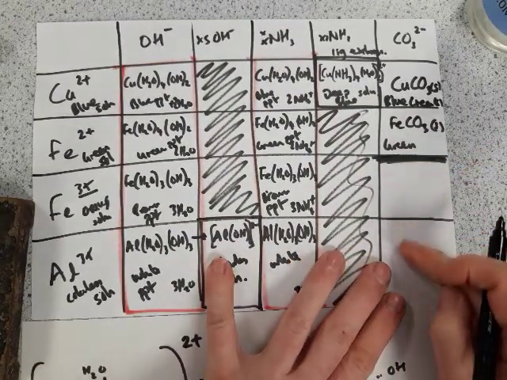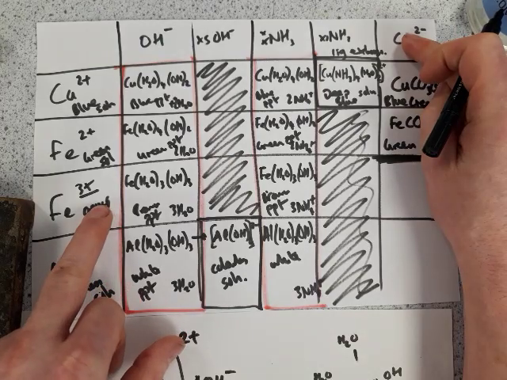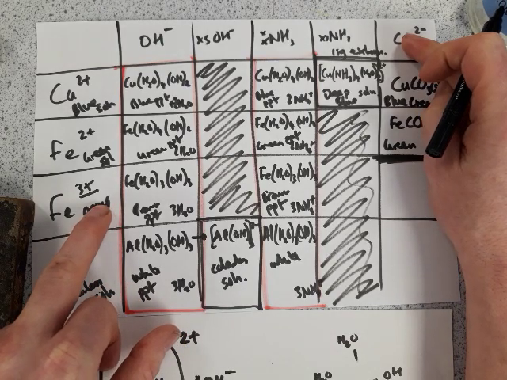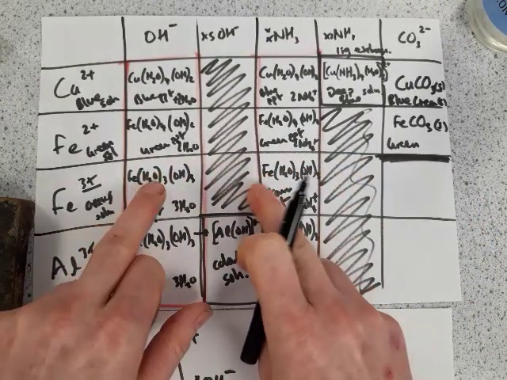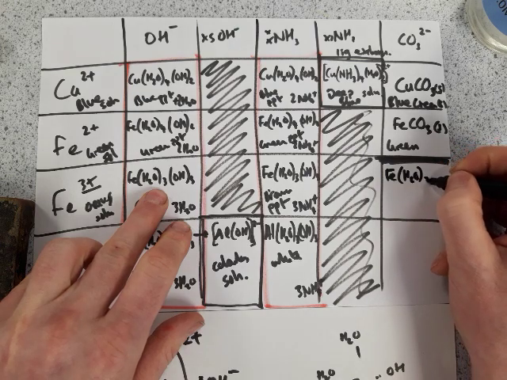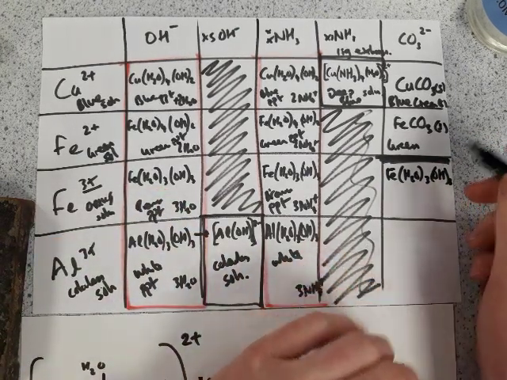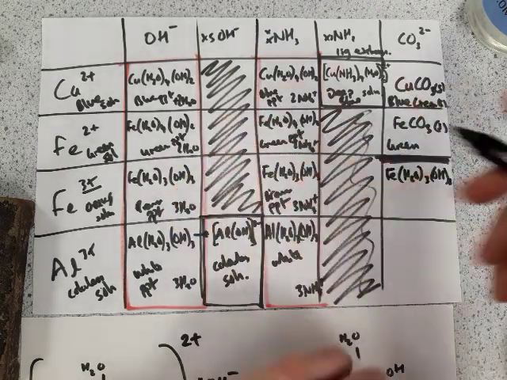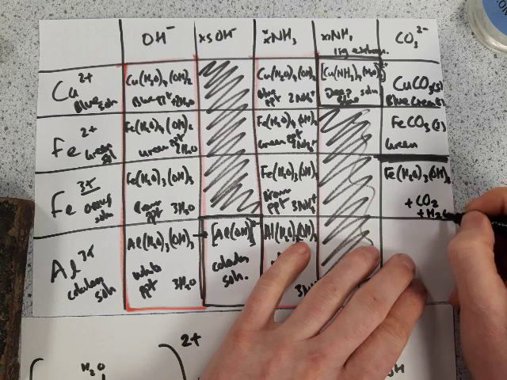Now in this final column, the carbonate reacts with the acids in an acid-base reaction. So you get exactly the same product as you got here and here. You get Fe(H2O)3(OH)3, because you get an acid-base reaction just like you did with ammonia and hydroxide. You get carbon dioxide as a byproduct and you make some water.